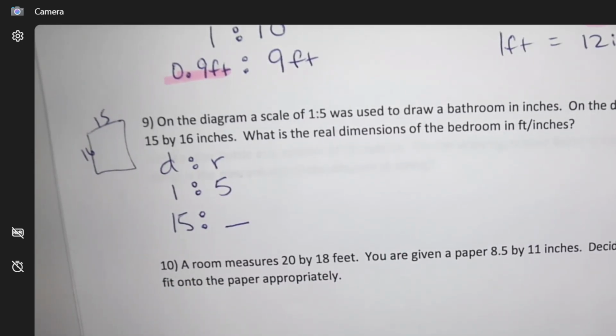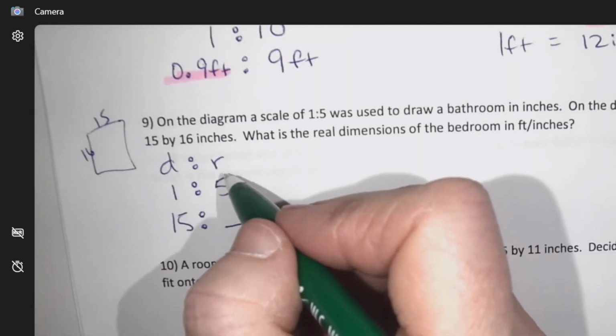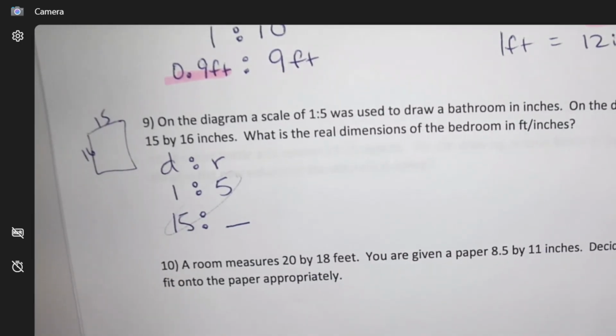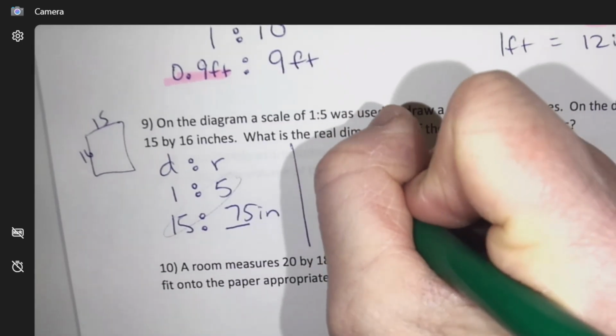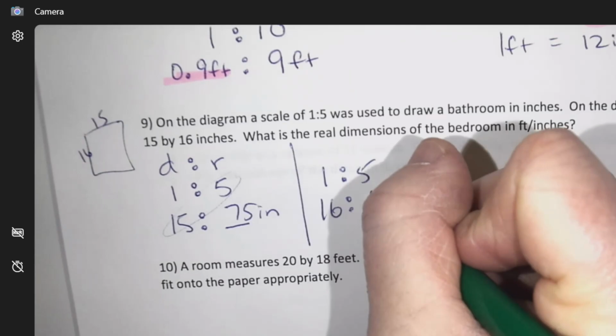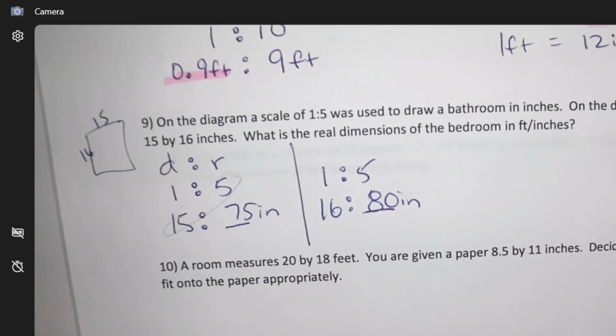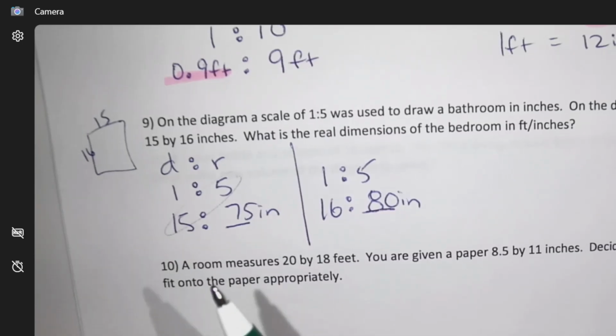Okay, so how many real life was the 15? So the 15 was really 75 in real life, and the 16 was really 80 in real life.